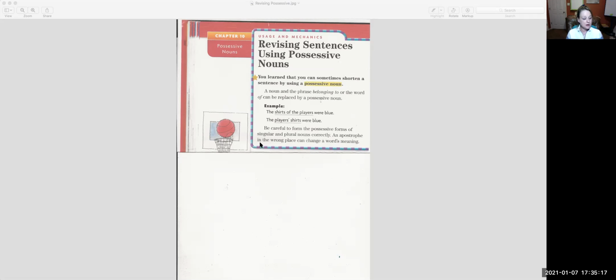So now what we are going to do is look at some wordy sentences and change them and make them a little bit more efficient. Some people might say that we are lazy in our writing when doing this, but it's making our writing more efficient and less wordy.